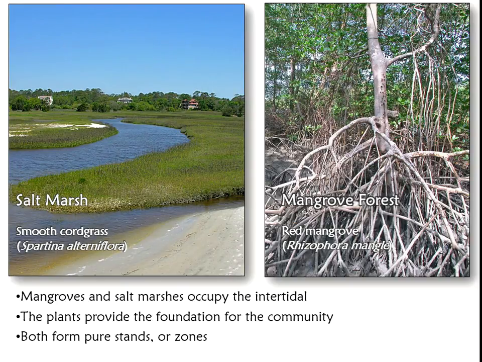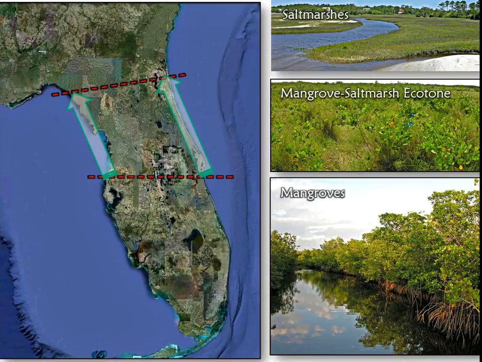So you get this huge difference in structure, and you get this huge difference in the way the ecosystem recycles its nutrients. Both mangroves and salt marshes have that characteristic to form these pure stands. So you go out and you see forever Spartina, or the same thing with the mangroves. So they're similar in that sense, but very different in this herbaceous versus woody system.